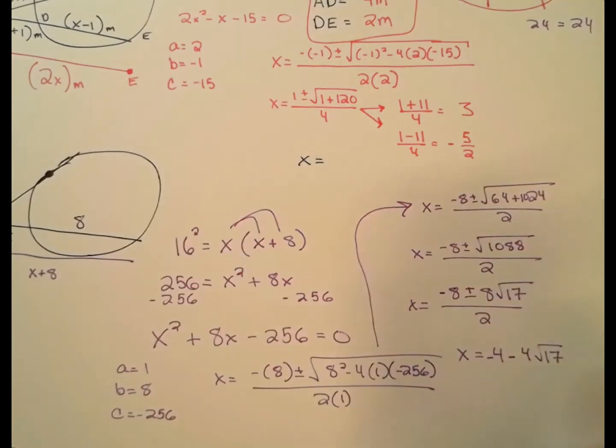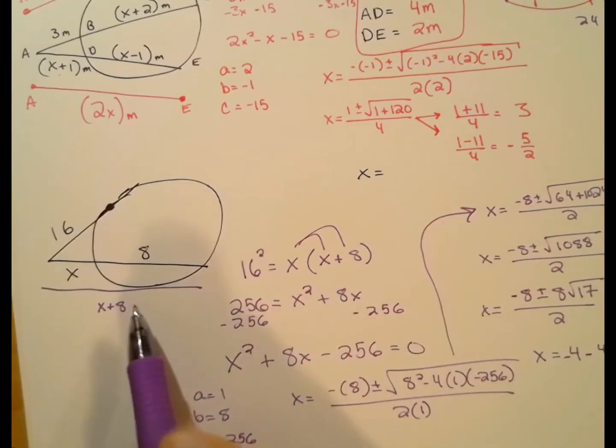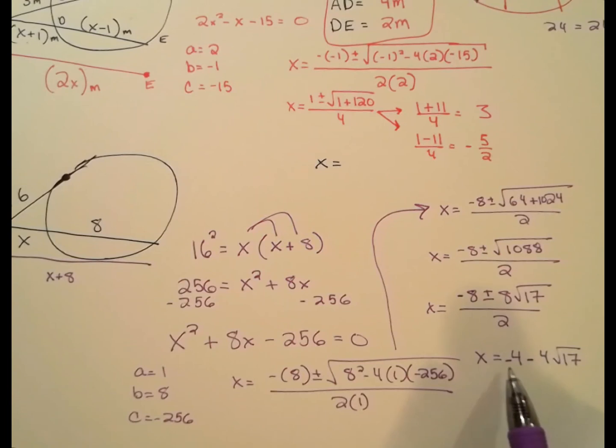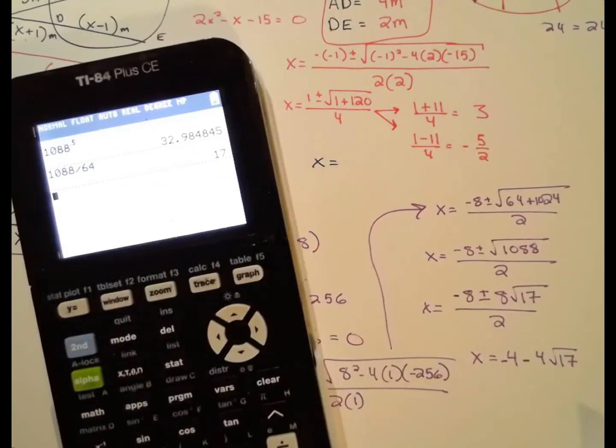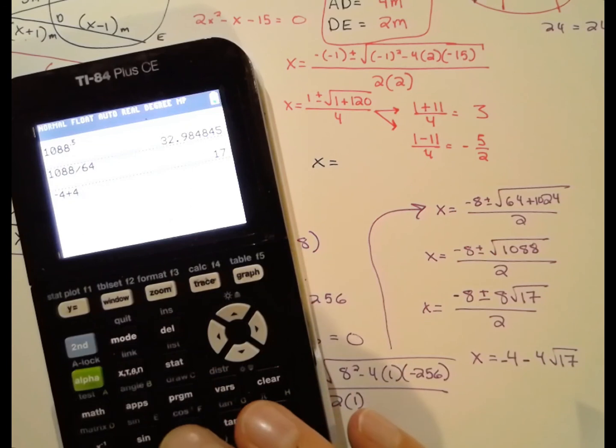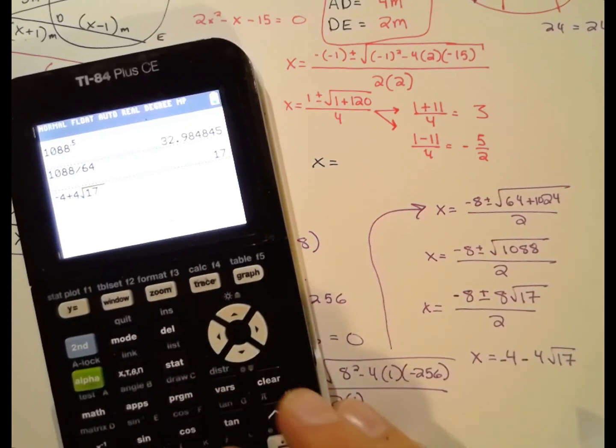Now x is a length, so negative 4 minus 4 root 17 is not a positive value, but negative 4 plus 4 root 17, that is a positive number.